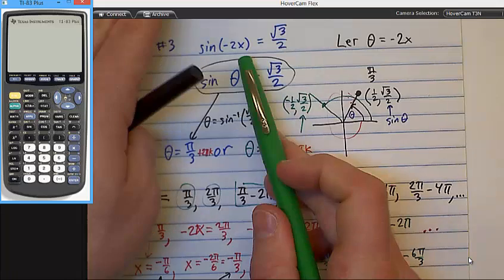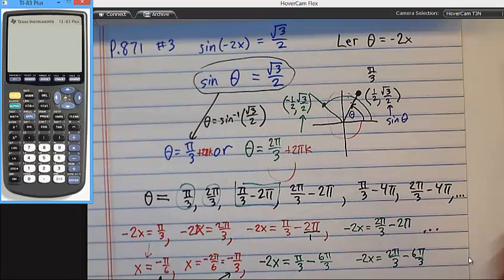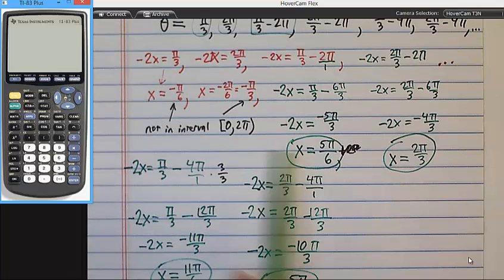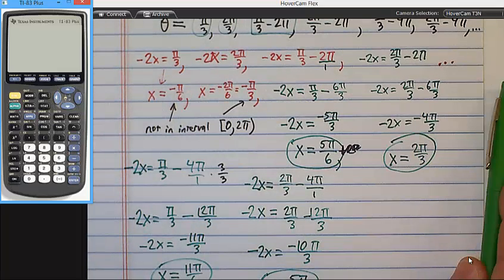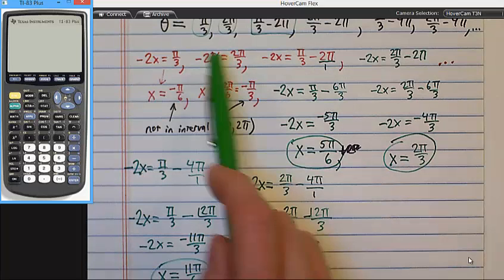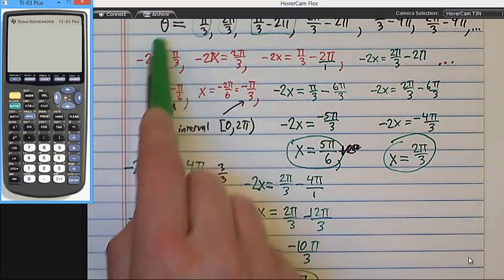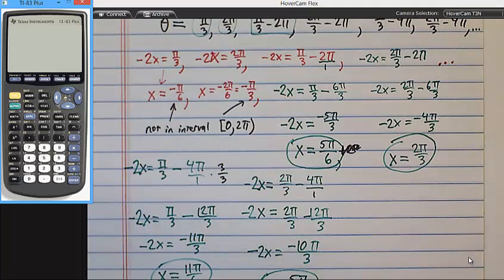Basically, what you need to do is get that negative 2x to equal one of these nice infinitely many things. So I guess once I get to this point where I replace theta with negative 2x, I have a tough time talking about quadrants anymore. I just know there's infinitely many solutions, and I'll get the ones that I want. Which isn't so simple, I guess.